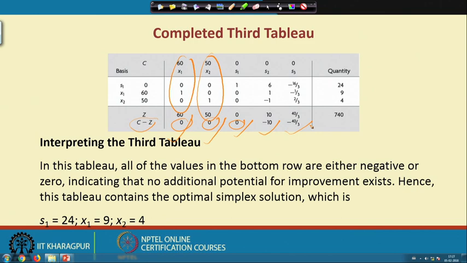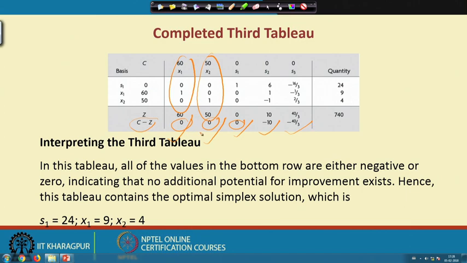So, the rule is that once the net evaluation is 0 or negative, we have reached optimality. Technically, for this problem we have reached the optimum solution as far as the simplex requirement is concerned.